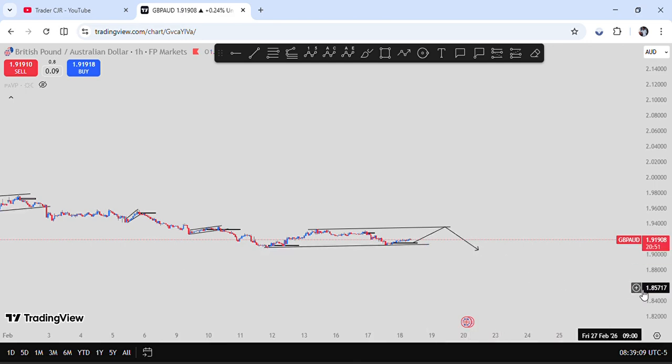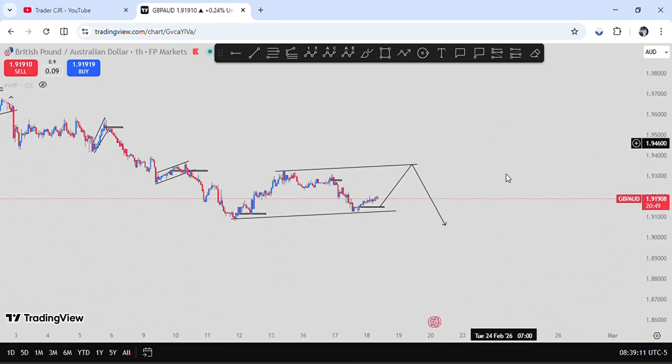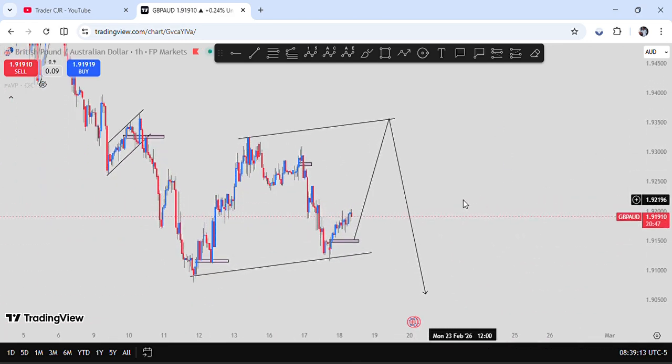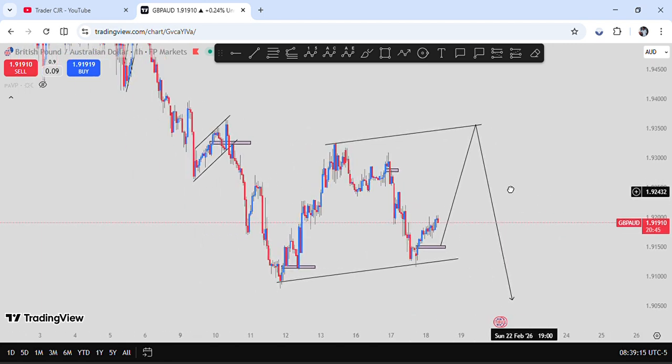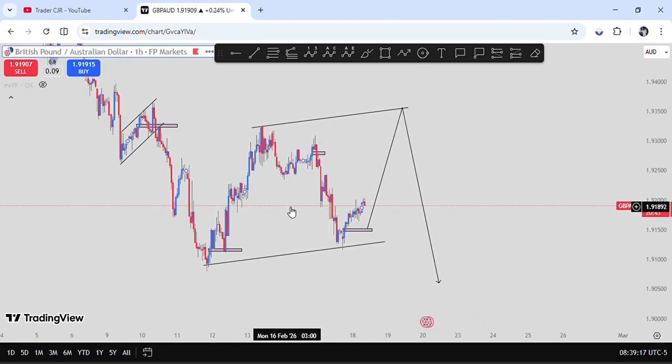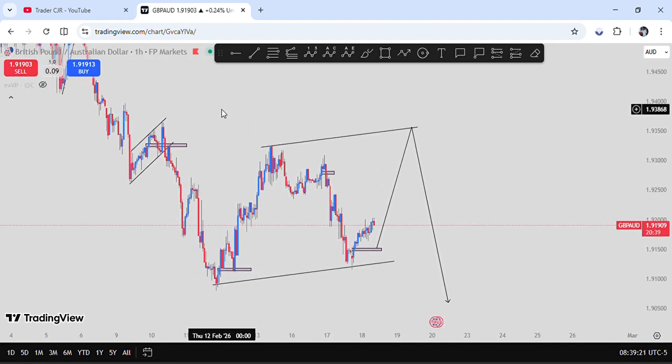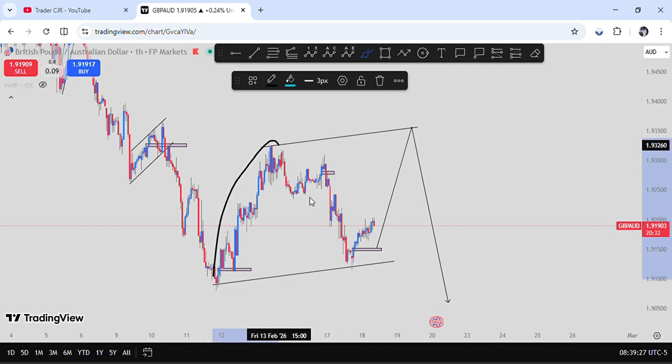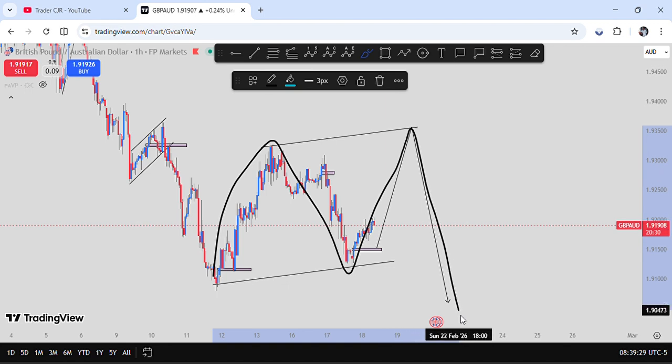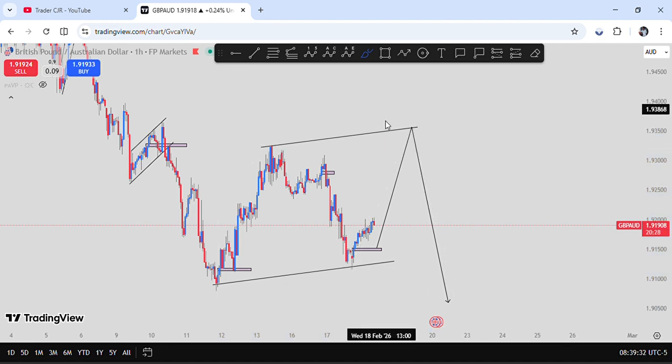So this is just a sideways correction. In heavy downtrend markets, price corrects sideways and not deep corrections to the upside. So I expect price to just give this ABC correction and continue moving lower.